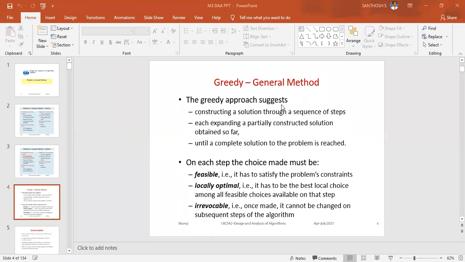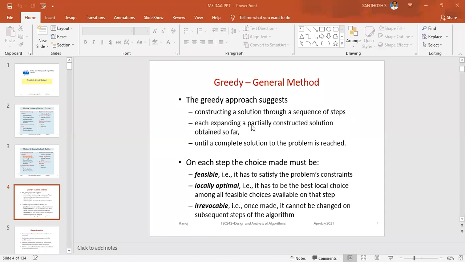The greedy approach suggests constructing a solution through a sequence of steps. Now you have to compare divide and conquer with greedy. Here we construct the solution not by dividing; there is no concept of divide here, only a sequence of steps.